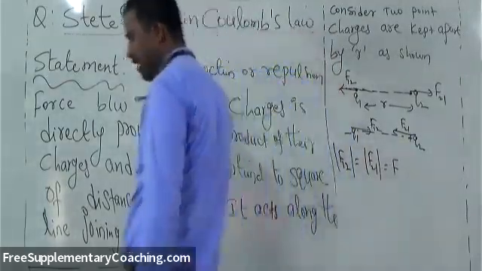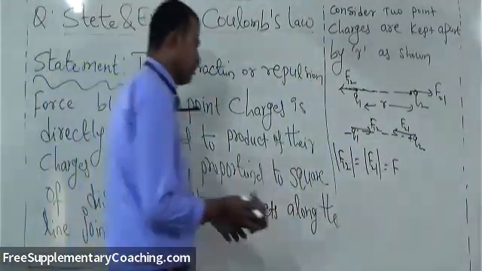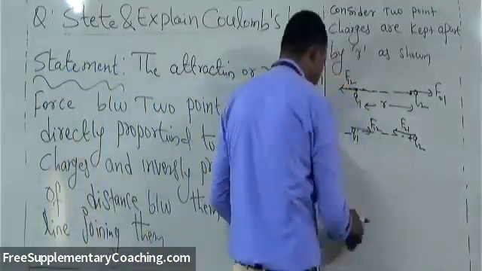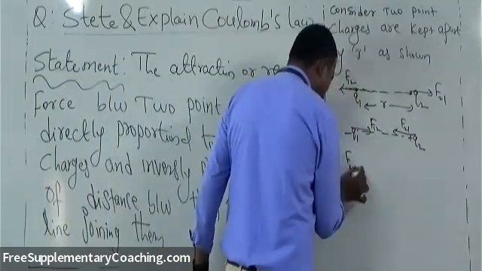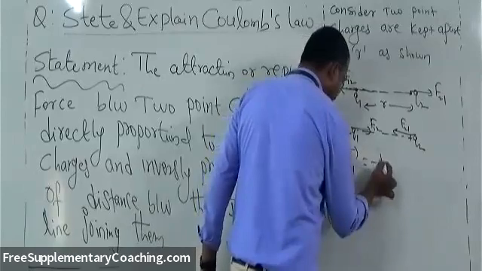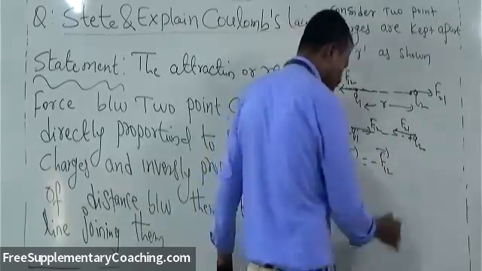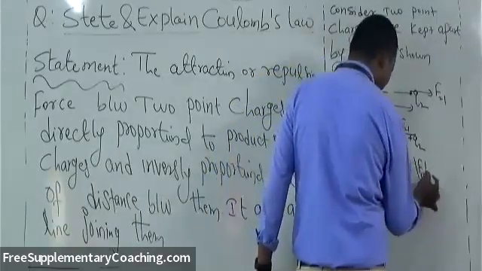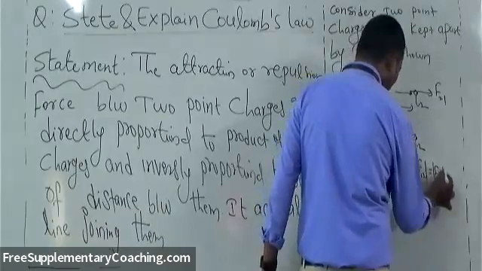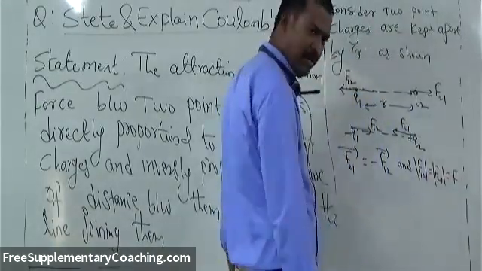Or otherwise, F21 is minus of F12, opposite in direction, equal in magnitude, and F12 magnitude and F21 magnitude I am commonly taking as F. Okay.